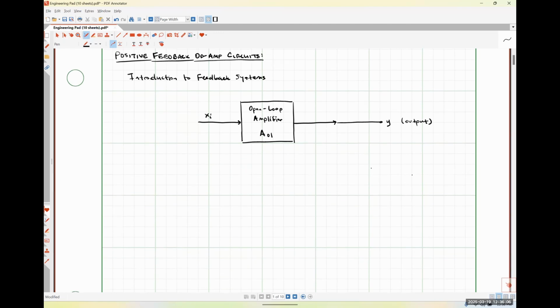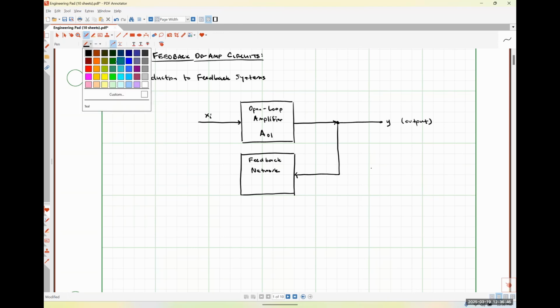So below this open loop amplifier block, I'm going to put a new block, and this is going to be my feedback network. Like so. And essentially what I'm going to do in a feedback network is I'm going to take some portion of my output signal and I am going to feed it into my feedback network like this.